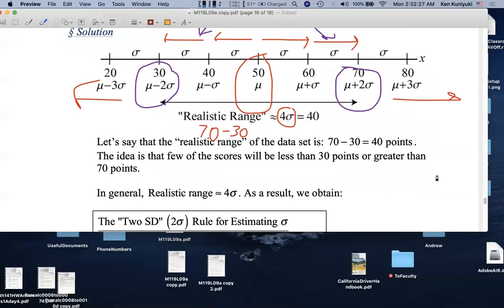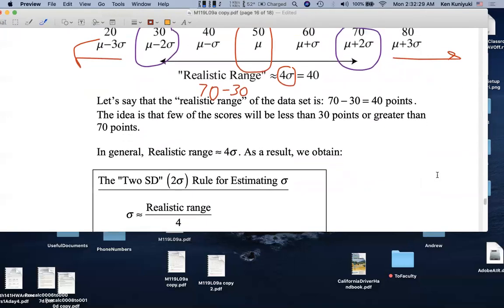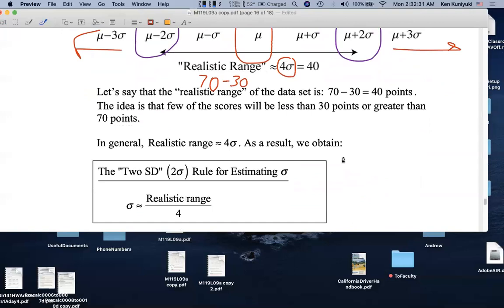Okay, so 4 sigma is about 40 points. 4 sigma is about the realistic range. If you divide both sides by 4 and turn this thing around, 4 sigma divided by 4 is just plain old sigma over here.